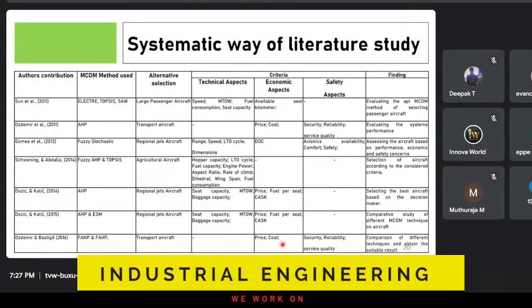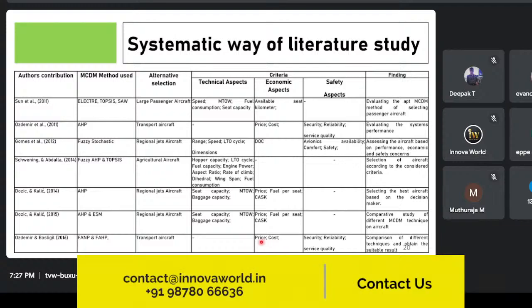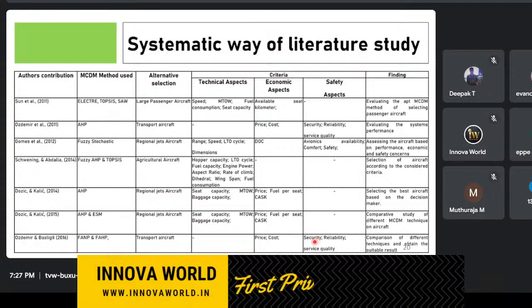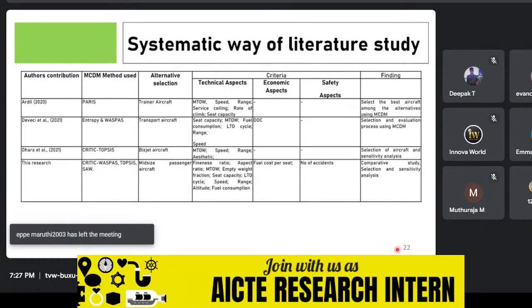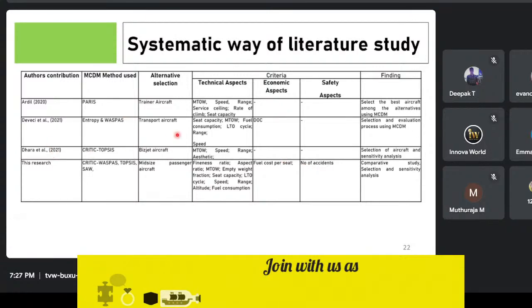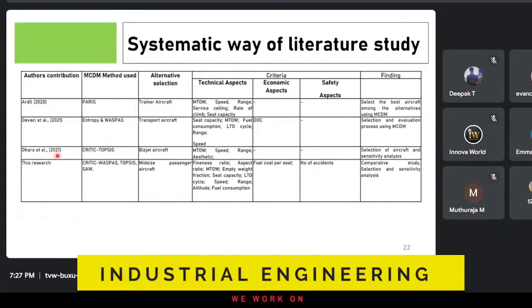But look at the other side: they have worked on economical aspects where price and cost come into the picture, where security, reliability, and quality come into the picture, and I have given the key objective of their work. So this kind of study, these continuations of this kind of study, I have performed in the year 2021. So I'm giving an example of that.